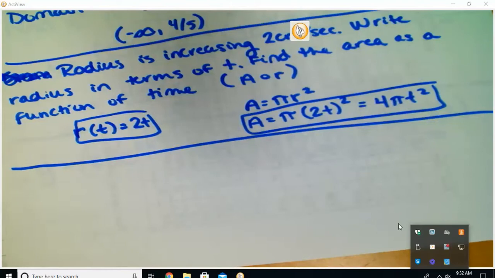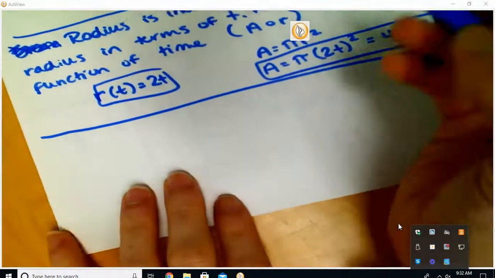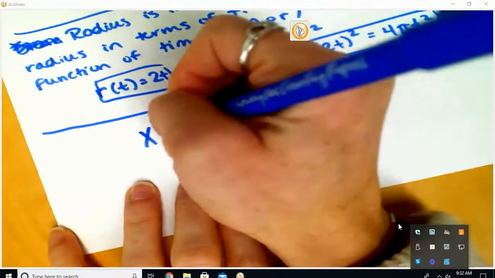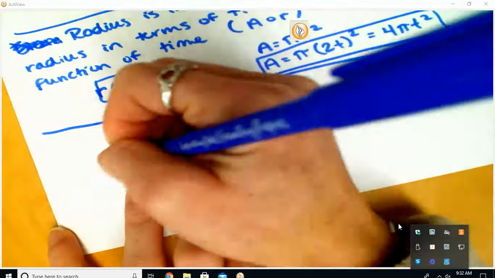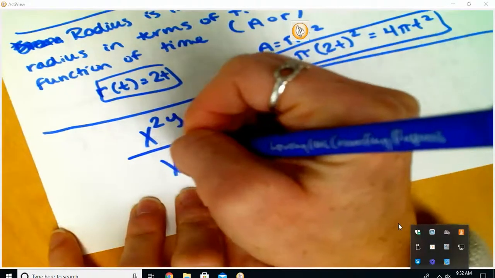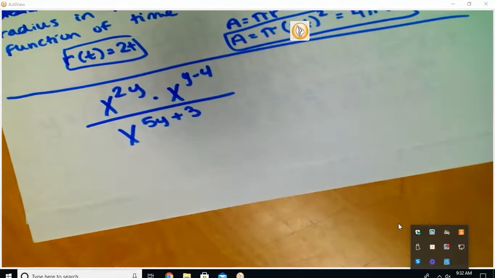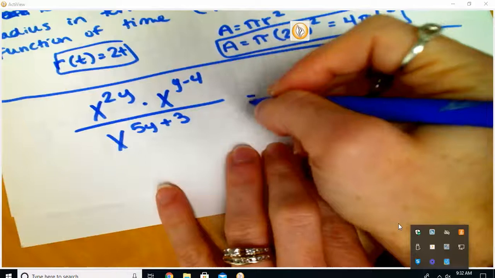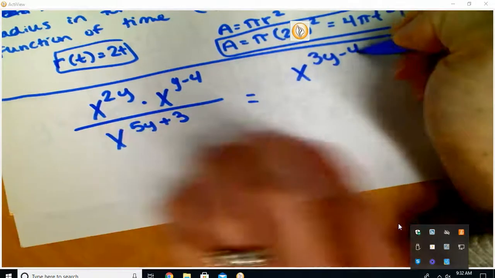We had number 3, laws of exponents. What if I gave you something like this and told you to simplify? Let's say x to the 2y times x to the y minus 4 over x to the 5y plus 3. This tests if we know our laws of exponents. When you're multiplying, what do you do with your exponents? Add like terms, which gives 3y minus 4.